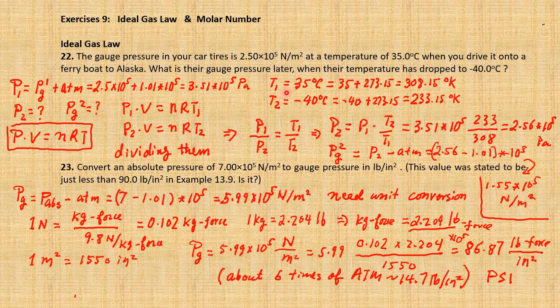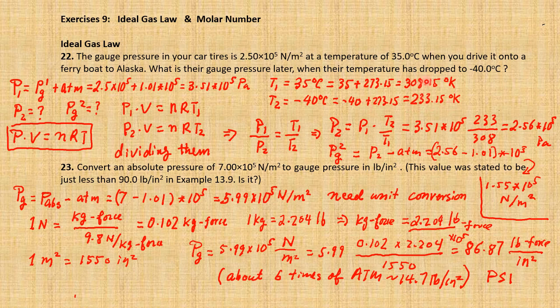And the temperature, you also need to convert to Kelvin. 35 degrees Celsius, plus 273.15, is 308 Kelvin. Later, the temperature dropped to negative 40 Celsius, and converting to Kelvin, it is 233.15.